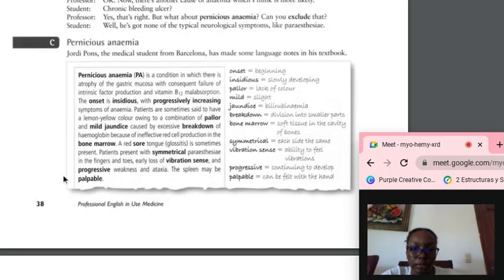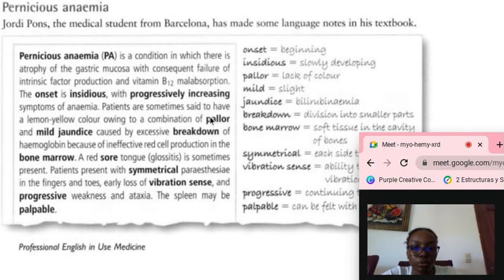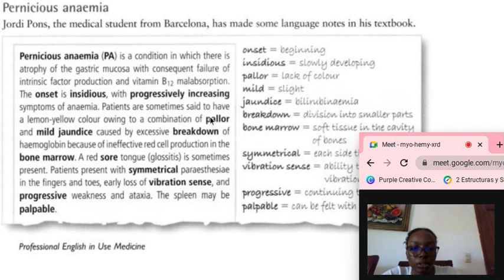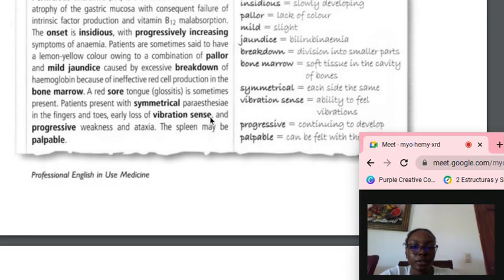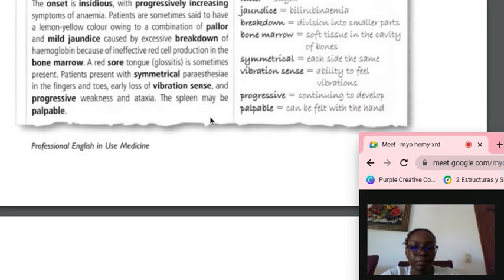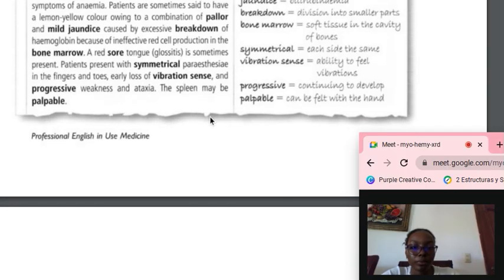Mild: slight. Jaundice: bilirubinemia. Breakdown: division into smaller parts. Bone marrow: soft tissue in the cavity of bones. Symmetrical: each side the same. Vibration sense: ability to feel vibrations. Progressive: continuing to develop. Palpable: can be felt with the hand.